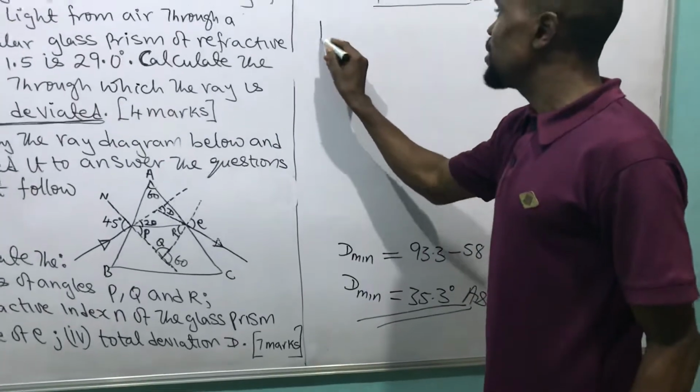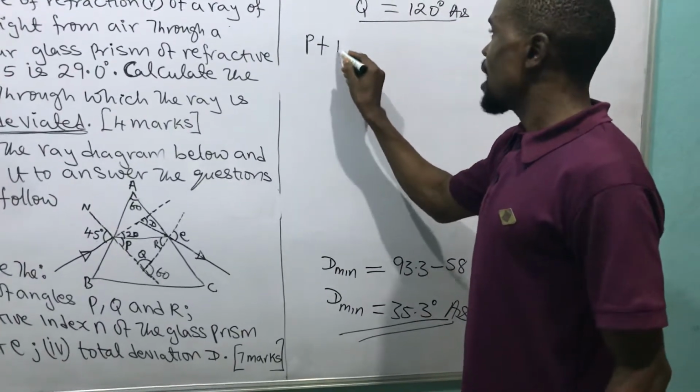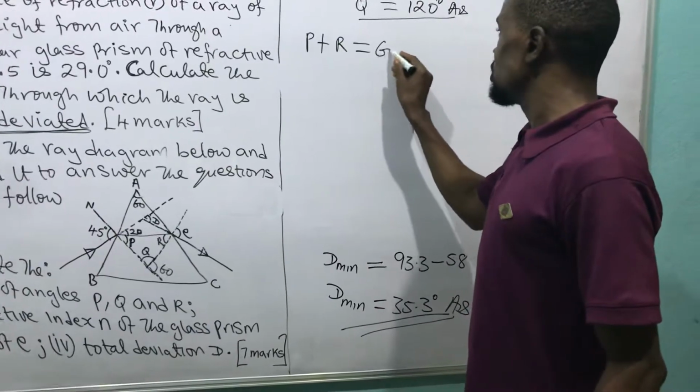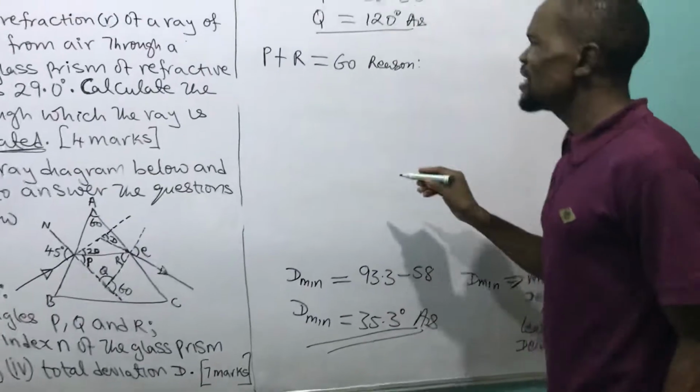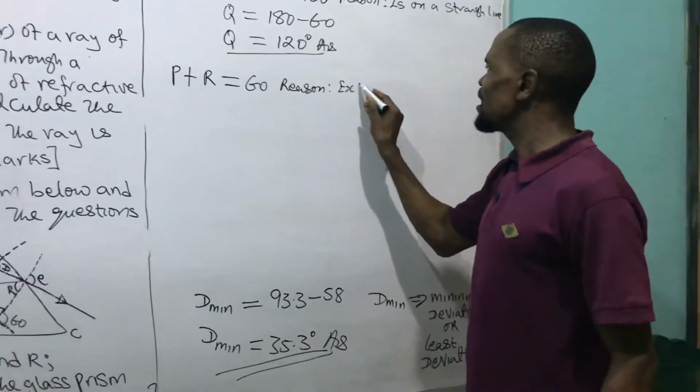Either I say P plus what? R is equals to 60. What's the reason? Who said this? I will say exterior angle.